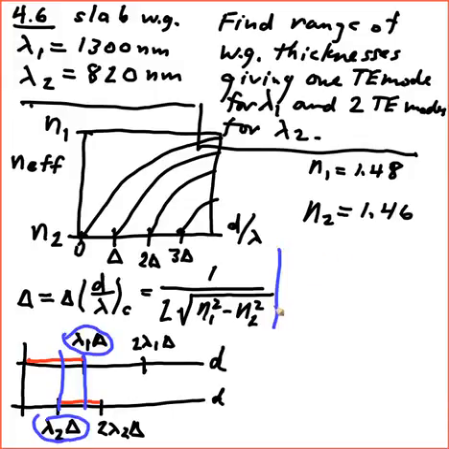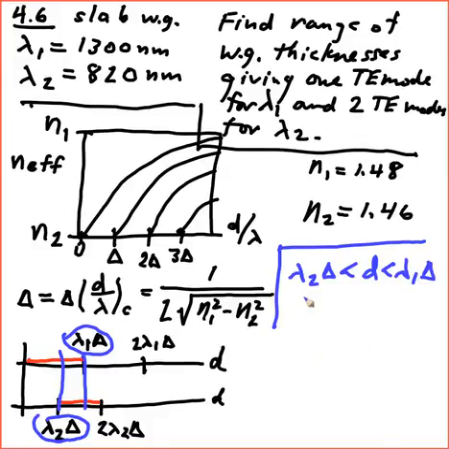And so what we want is d greater than lambda 2 delta, but d less than lambda 1 delta. Okay?